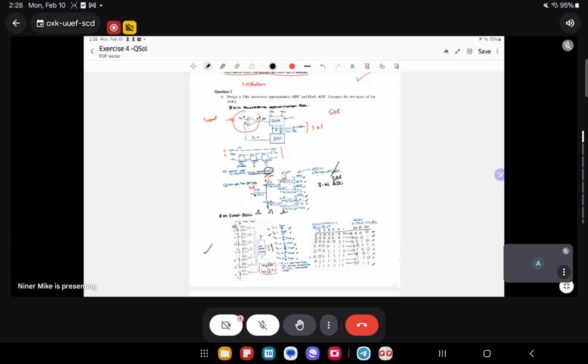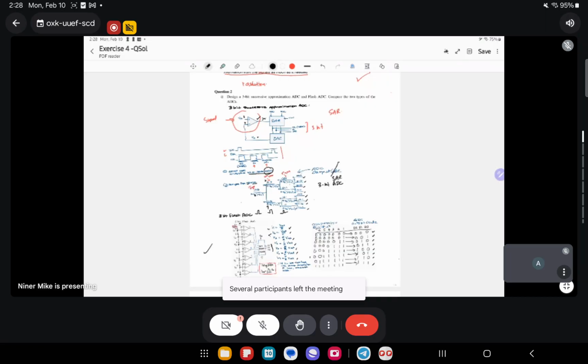Someone said that flash is complex. I will agree on that because if you think about wiring up, how many wires compared to the SAR one? I think SAR has fewer wires, right? If you look at the flash ADC, there are a lot of wires to connect. So I believe this is more complex.